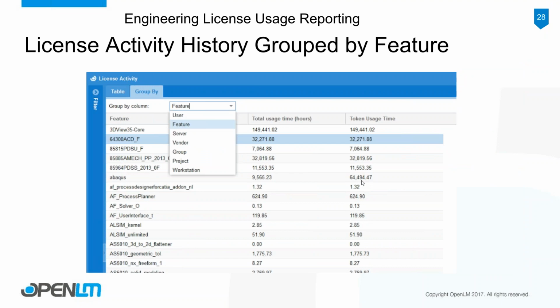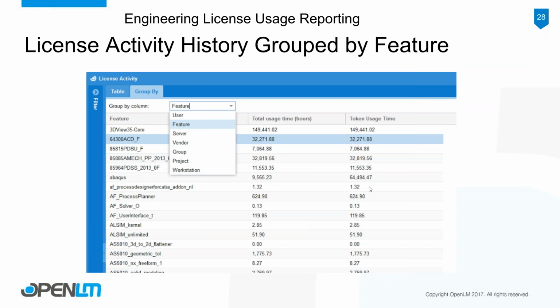Let's talk about usage, this time from a different point of view. We looked earlier at operational reports at a granular level. Now we'll take a look at consolidated usage statistics and trends. This is the license activity report. This is grouped by feature, as you see here.